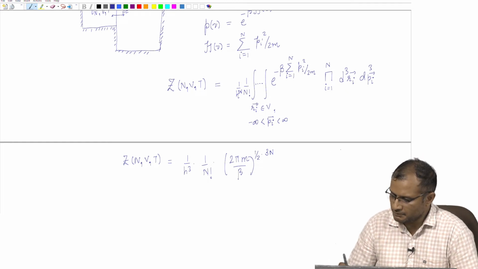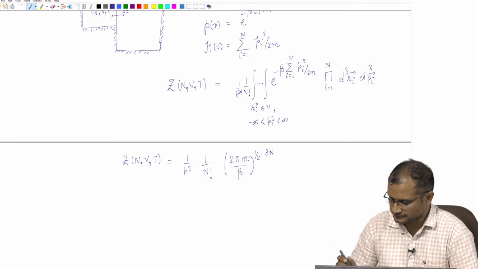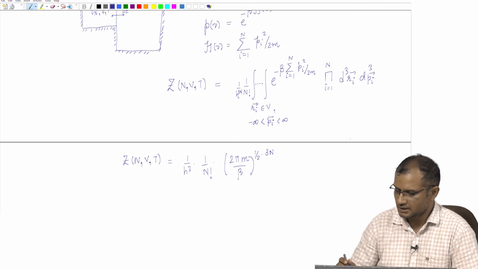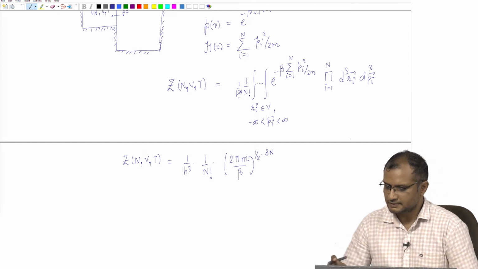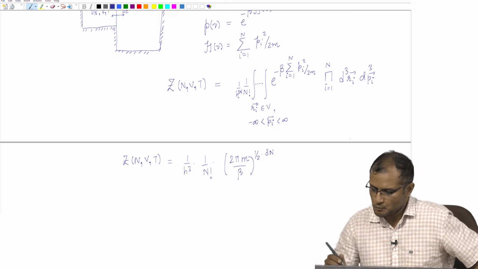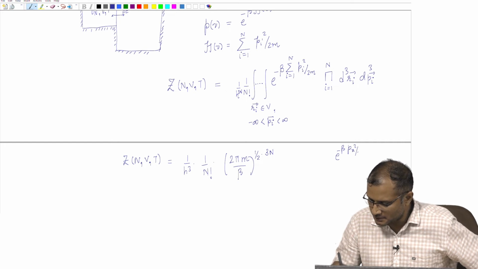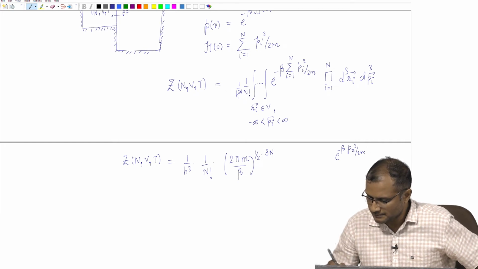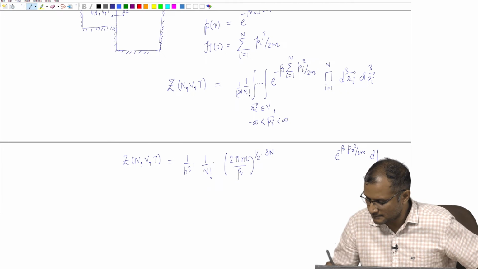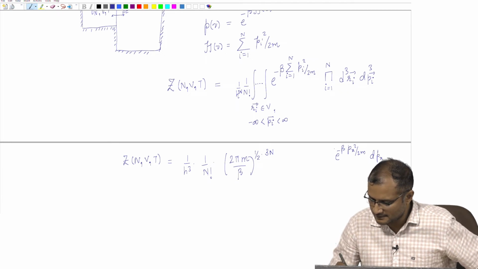So, if you want to compute this, you write it as the integral of e to the power minus β p_x squared by 2m dp_x, p_x going from minus infinity to plus infinity.